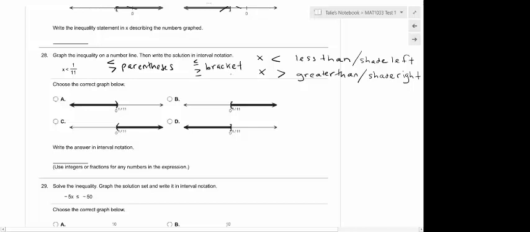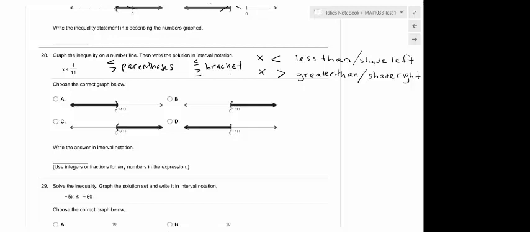Now with the infinities, you're always going to use parentheses because you cannot actually equal -infinity or positive infinity. So those will always be parentheses, but I'm talking about the number in the problem. Whether you use a parenthesis or bracket with it is determined by whether there's the little equal sign underneath of it.